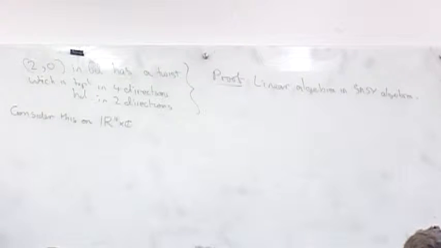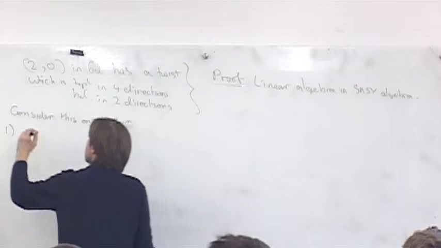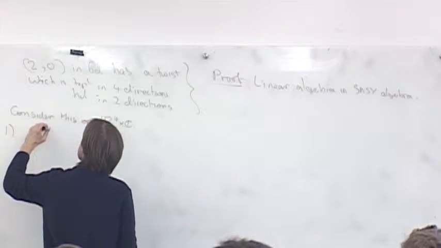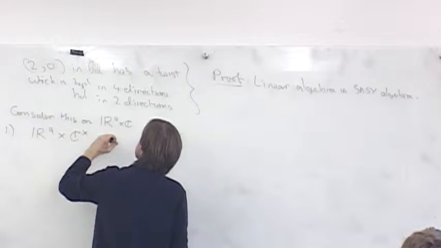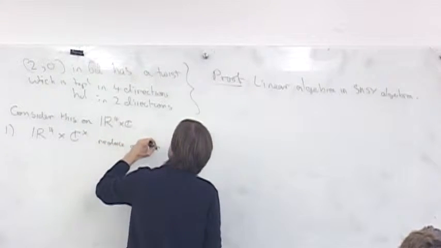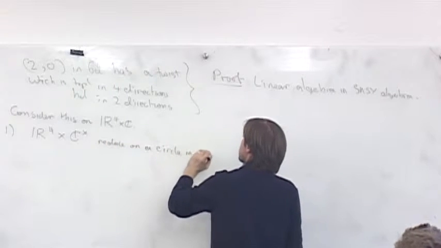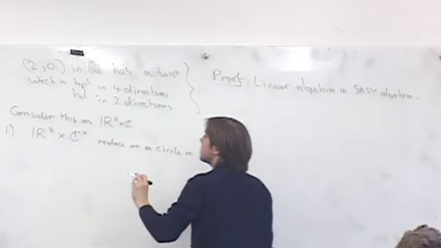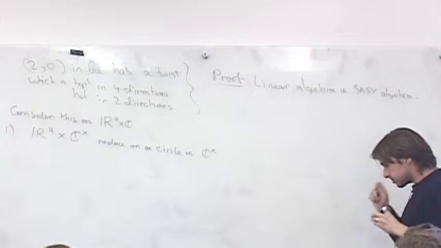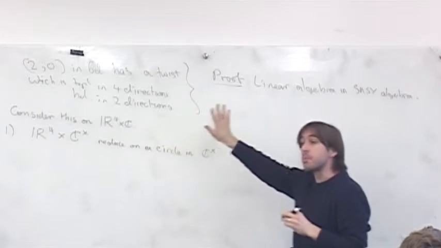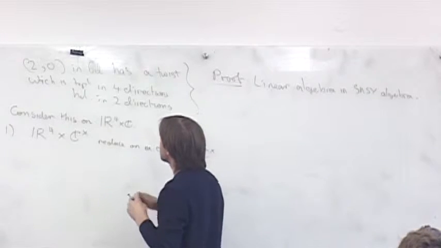So first, the first thing we might consider is, let's consider it on R^4 cross C star and reduce on a circle in the C star. Well, let's pause for a moment and think about what this must look like in 5 dimensions.